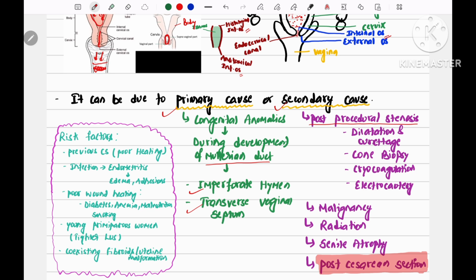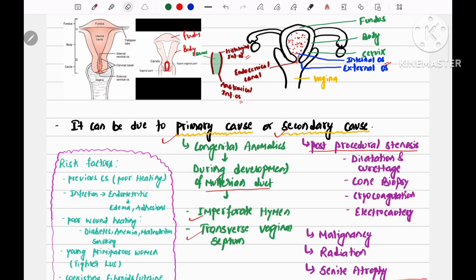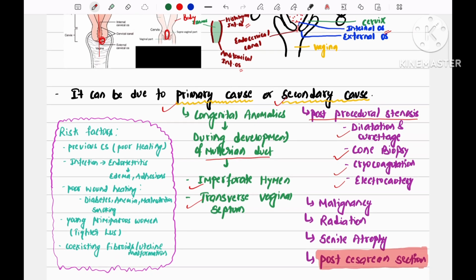If any procedure is done in this lower genital tract, like dilatation and curettage, or a procedure known as cone biopsy, which is taken for cervical carcinoma, or any cryocoagulation or electrocautery, after these procedures there can be overgrowth of tissues around either the cervix or the vagina, that leads to stenosis. So post-procedural stenosis is one of the secondary causes.